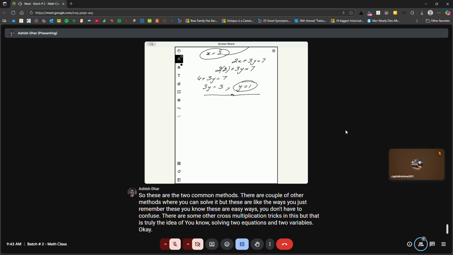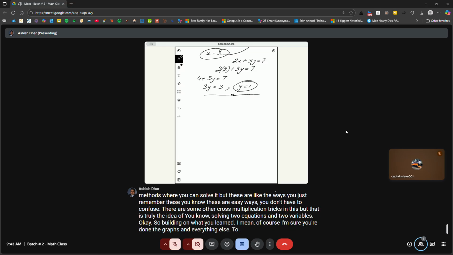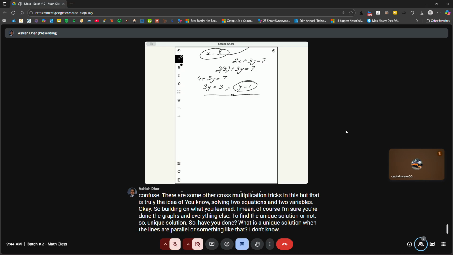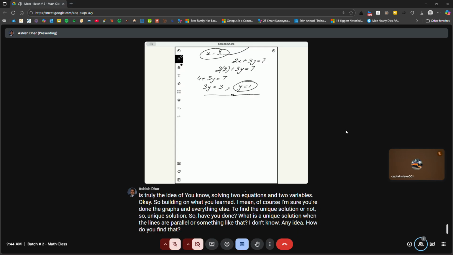Building on what you learned, I'm sure you've done the graphs to find the unique solution or not so unique solution. Have you done what a unique solution is when the lines are parallel?